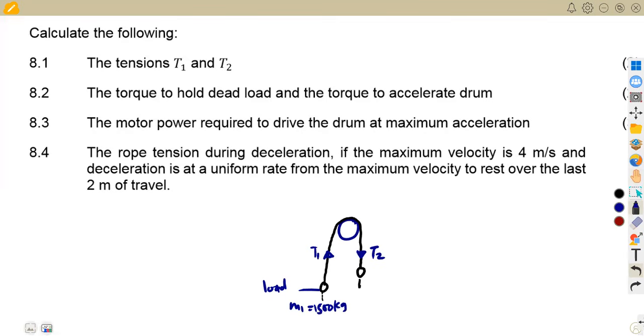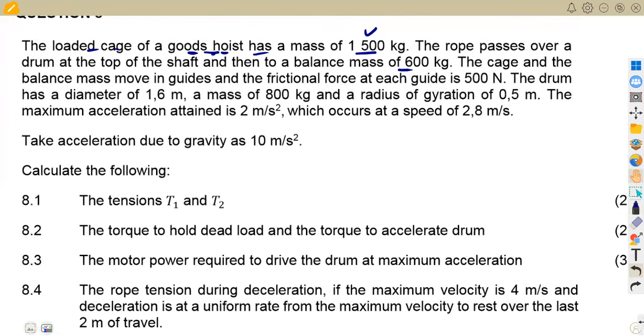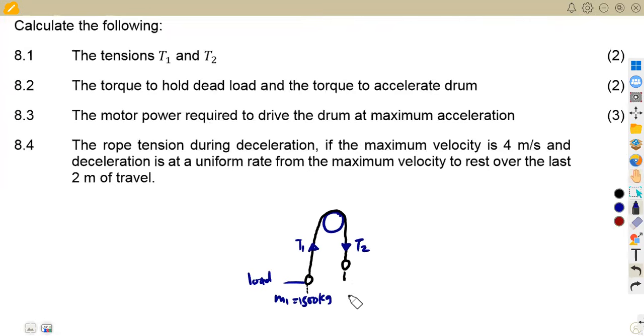We are also given that the rope passes over the drum at the top of the shaft and then to a balance mass of 600 kgs. So M2, representing our balance, is 600 kgs. Here we are referring to the balance mass, or the support balance.